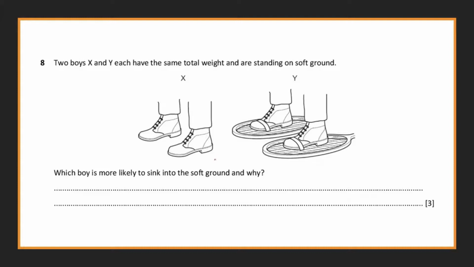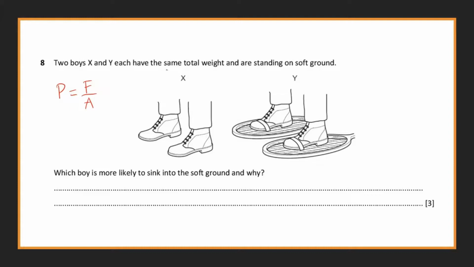The boy who is more likely to sink into the soft ground is the one who has the greatest pressure. Pressure equals force over area. In this case, the force is the weight exerted by each boy.